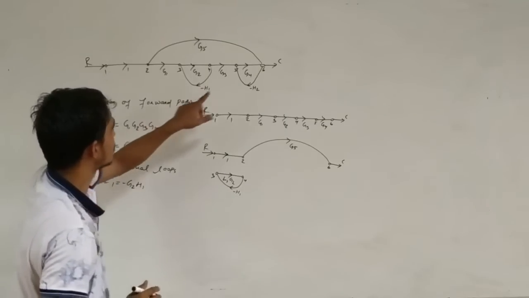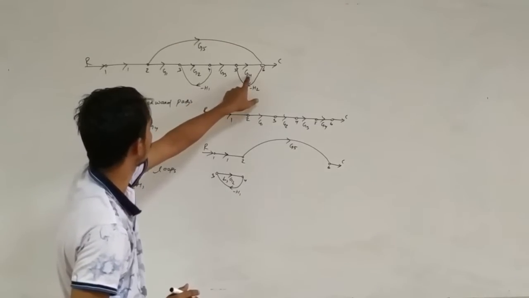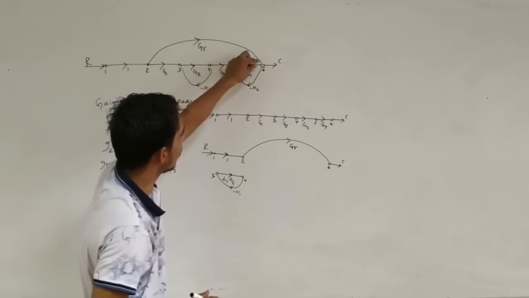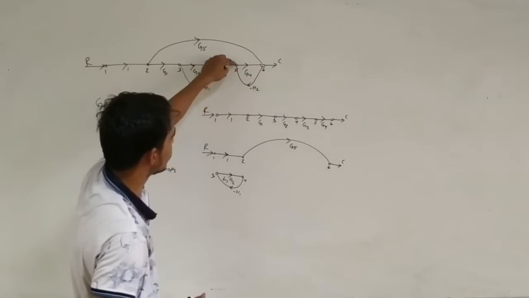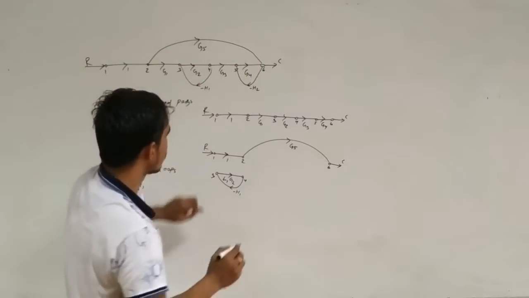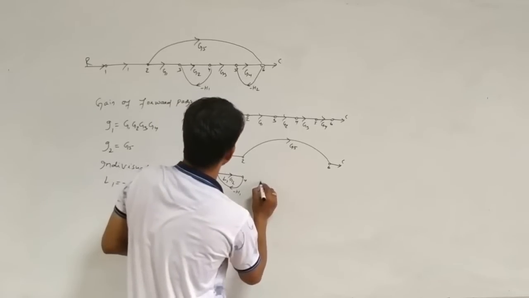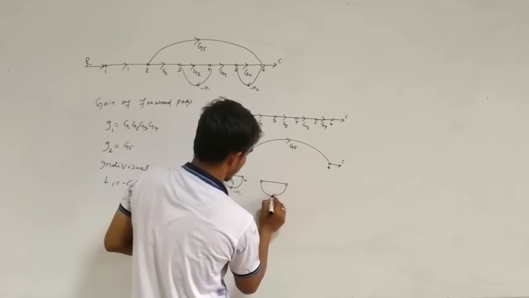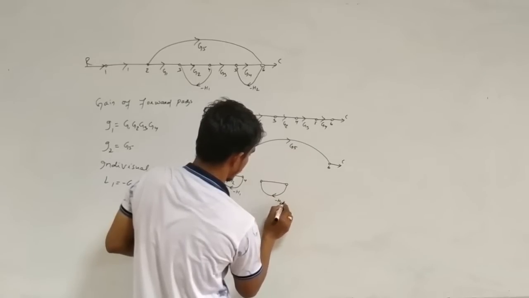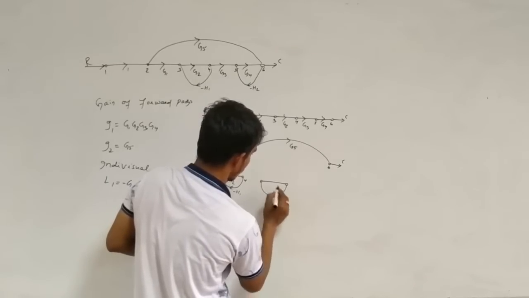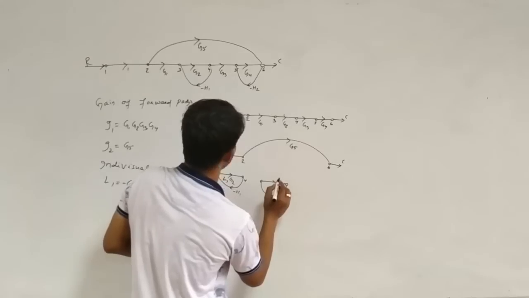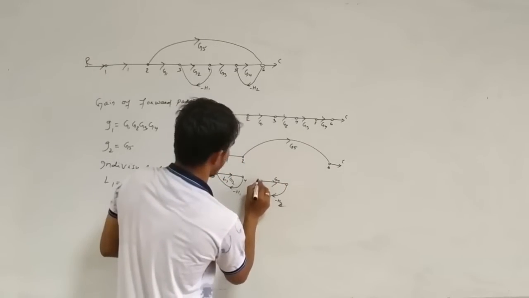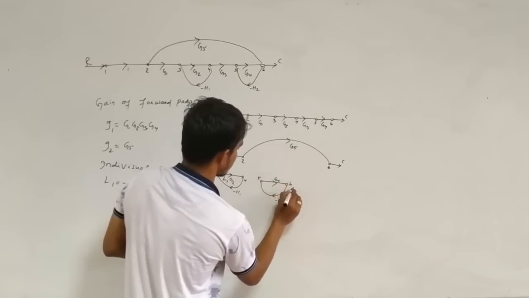Any other loop? See, this can also be a loop. This can be from node 5, the signal traveling, and again through feedback it is coming back to node number 5. So this can be a loop. So node 5 to 6, minus H2, and this is G4, node 5 to 6.